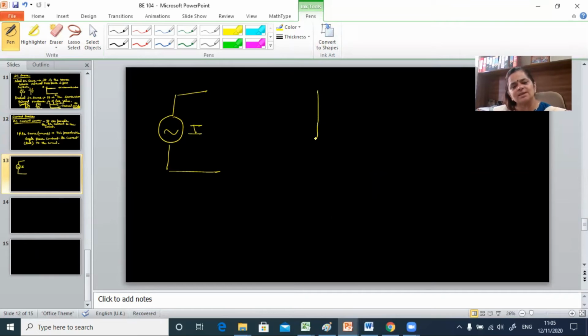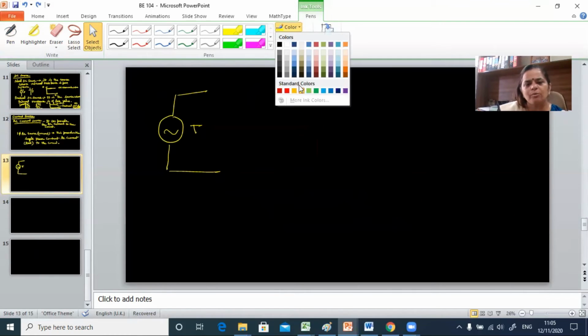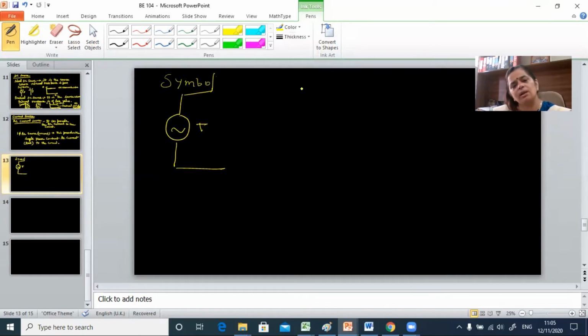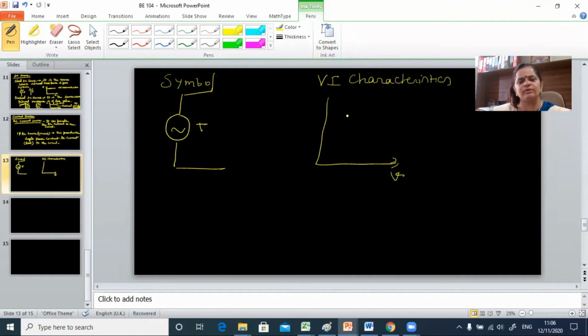And if somebody is asking for the characteristic, if you want to plot its characteristic, this is the symbol and this is the VI characteristic, it will be like this. At the x-axis we will take V, at the y-axis I will take I, and it will be constant.